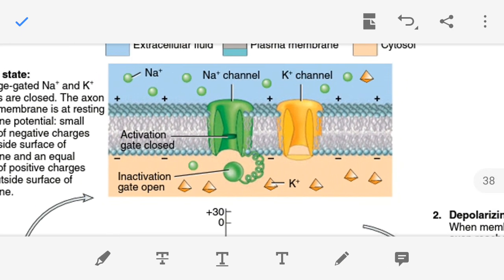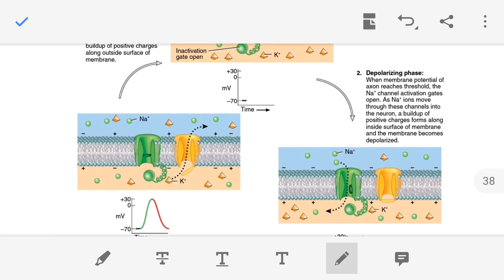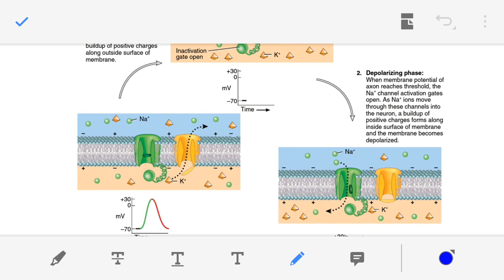During depolarization, when the membrane potential of the axon reaches the threshold, that is minus 55 mV, the Na plus channel activation gate opens. Now from the extracellular fluid, Na plus is entering the cytosol very quickly, so inside the cytoplasm there is a buildup of Na plus, that is, a buildup of positive charge.